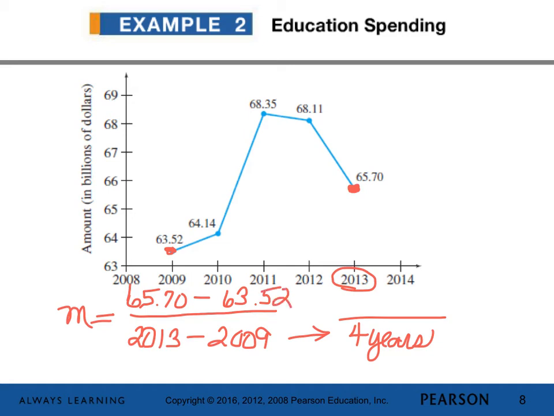So that's a change in billions of dollars. And that change, 65.70 minus 63.52, is a change of $2.18 billion.